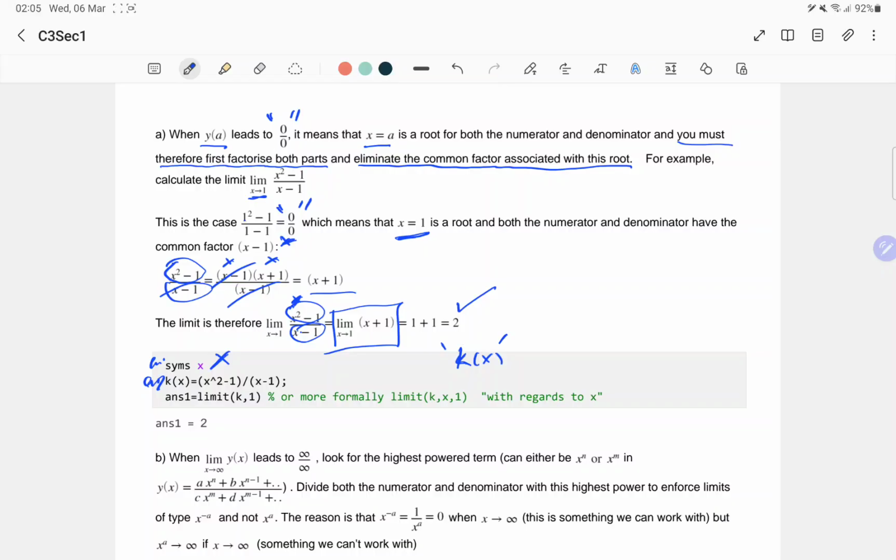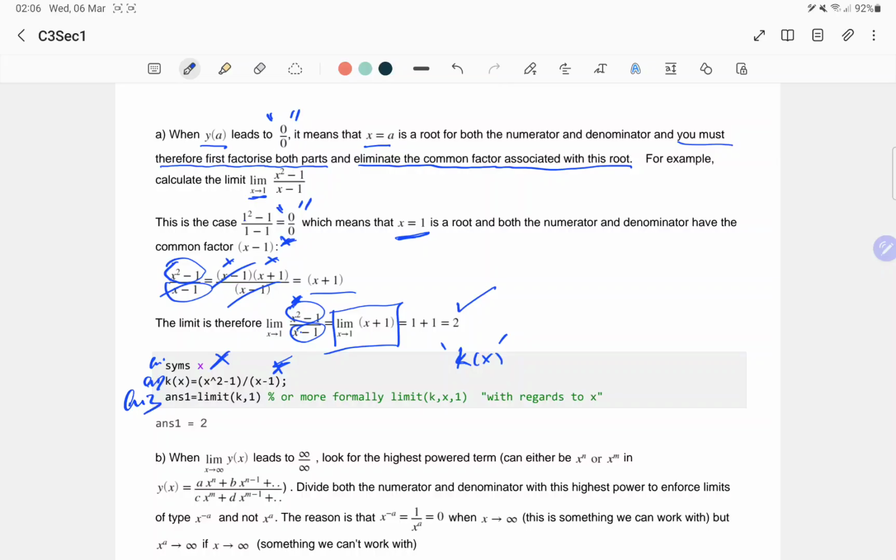It represents the mathematical function, which is our rational function. So we have a numerator of x squared minus 1, denominator x minus 1. This is the quotient of the numerator and the denominator, a rational function.